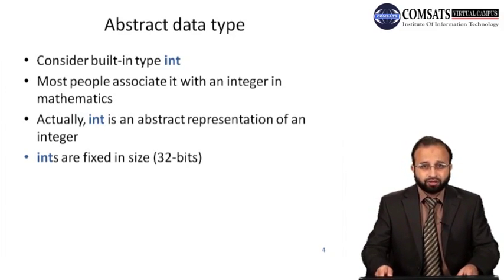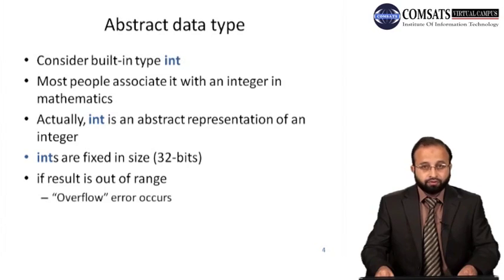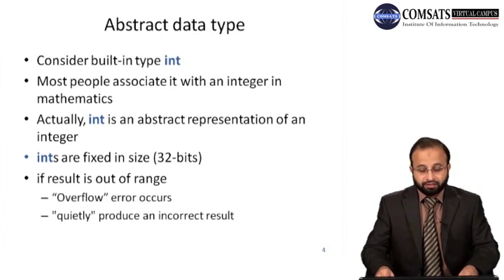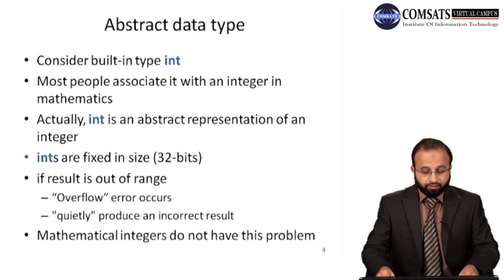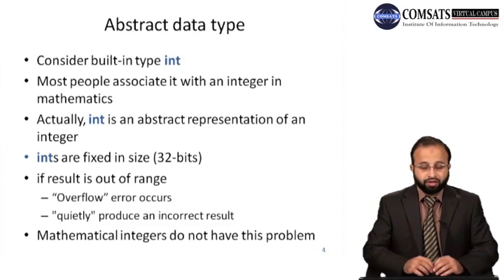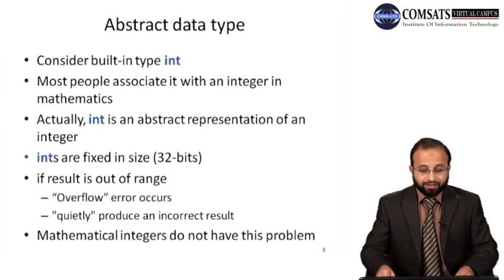So the maximum positive number you can store is 2 raised to power 31, right? If the result is out of range, then what happens? An overflow error could occur, or quietly it produces a wrong, incorrect result. Mathematical integers do not have this problem. There is no limitation. You can write as big a number as you want, right? But this limitation is there with the integer in programming languages like C or C++.